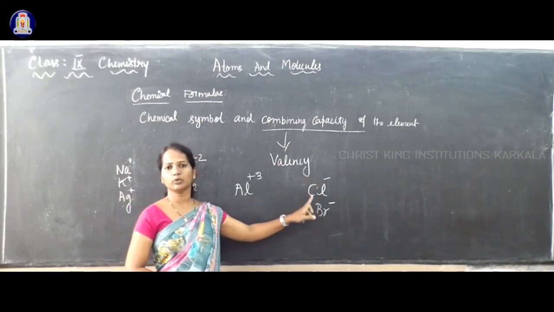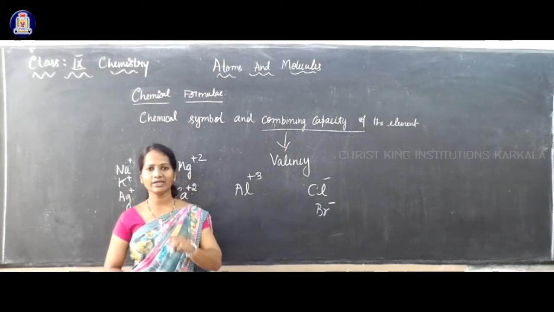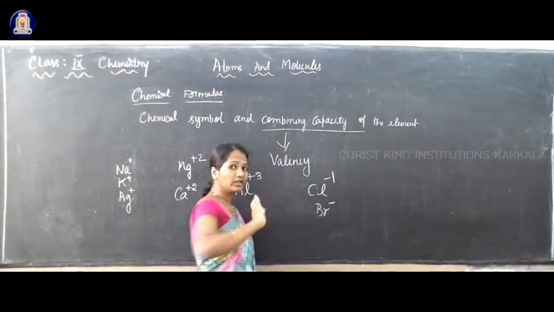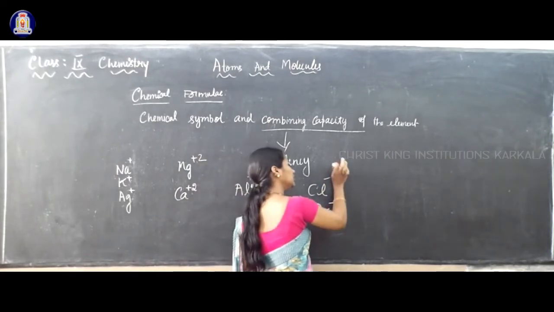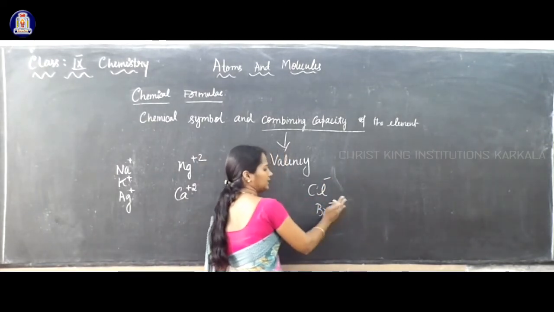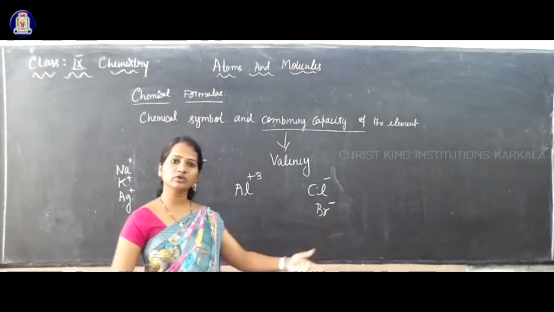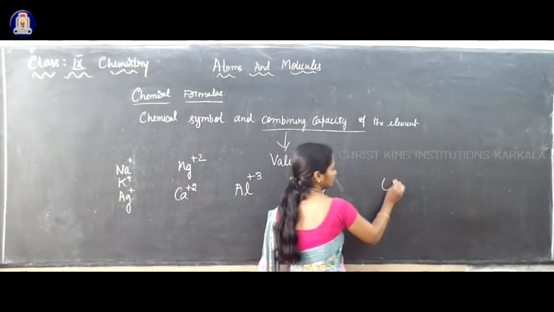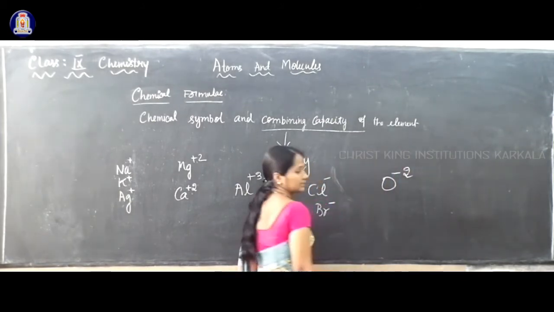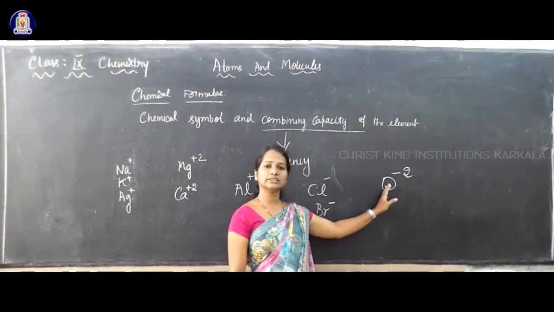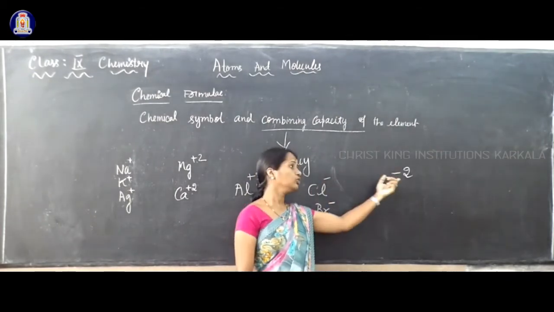Chlorine, bromine usually take only one electron, which can be represented as Cl-1, but the 1 we do not write, only the minus: Cl-, Br-. When you take oxygen, it is oxide, which is -2; oxygen usually takes 2 electrons.